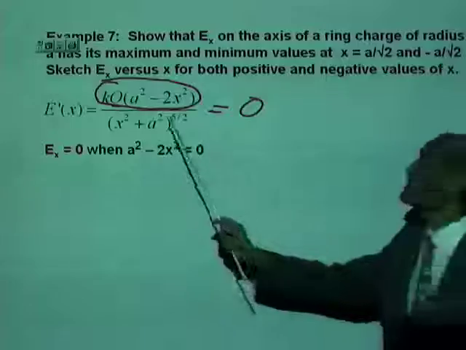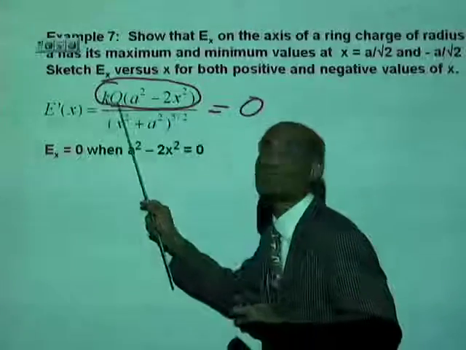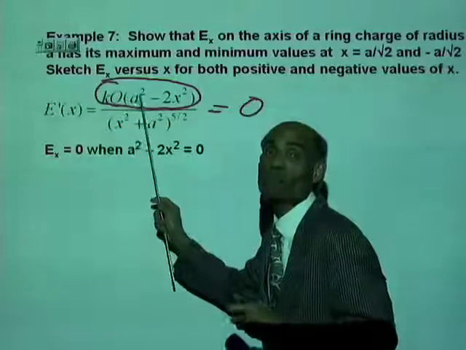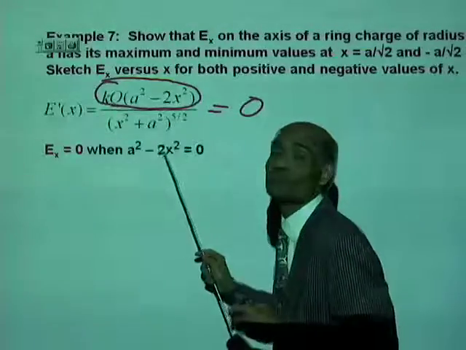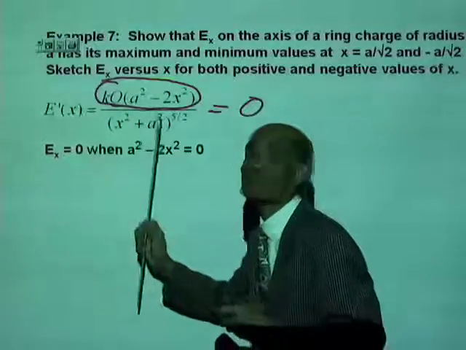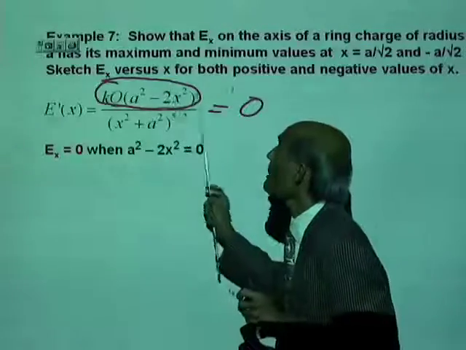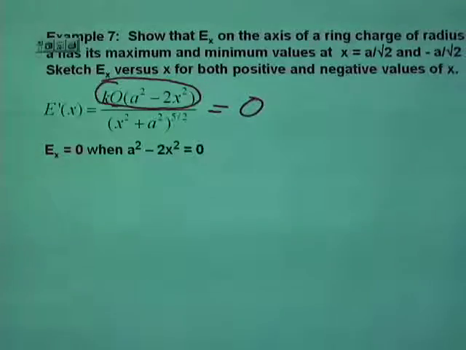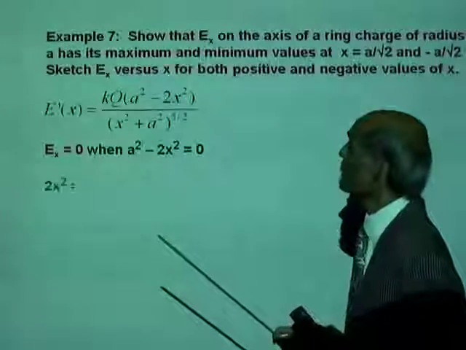And kq cannot be 0. Therefore, a squared minus 2x squared will be 0. That's right. The quantity E prime x will become 0 only when a squared minus 2x squared equals 0. So we take that quantity and set it equal to 0.